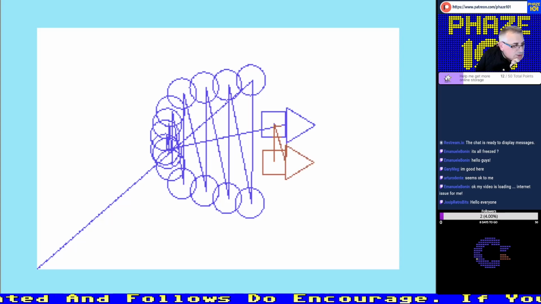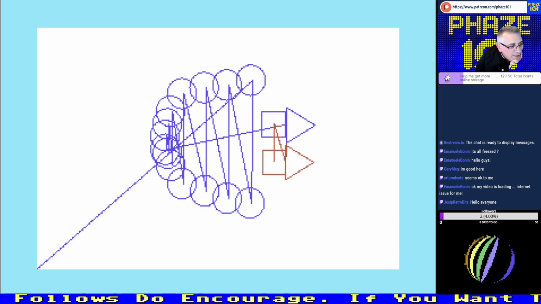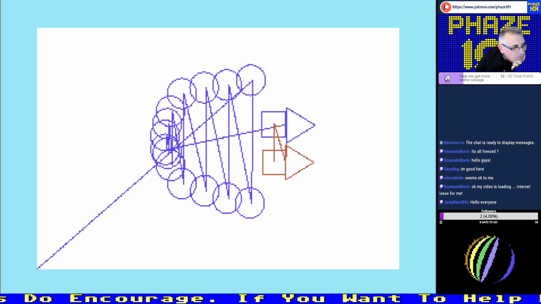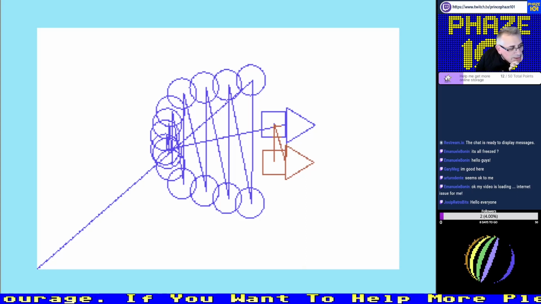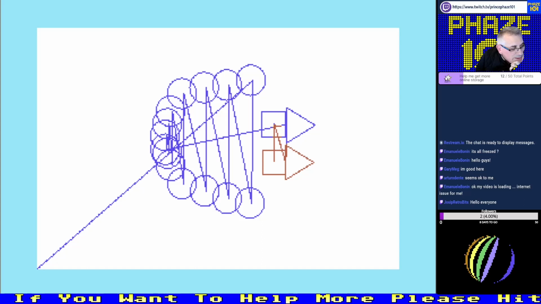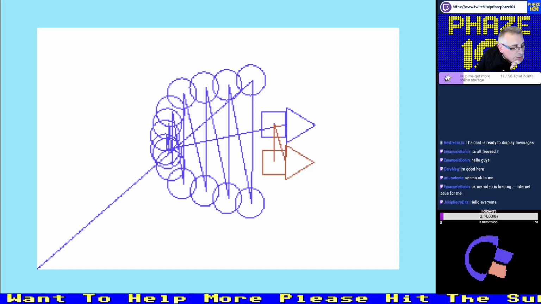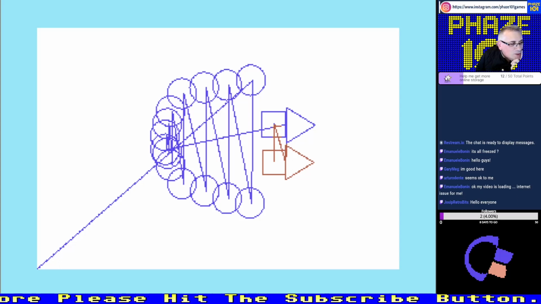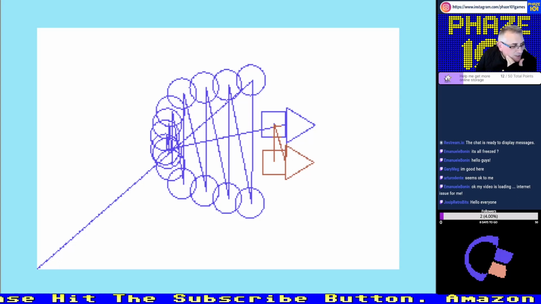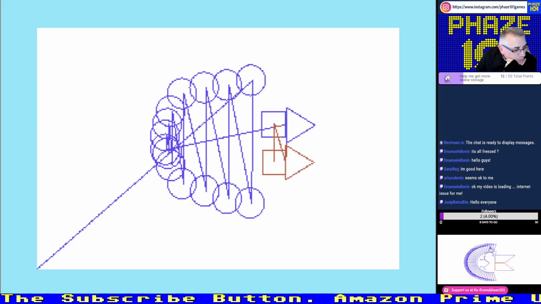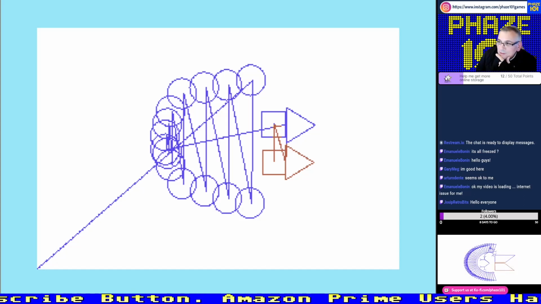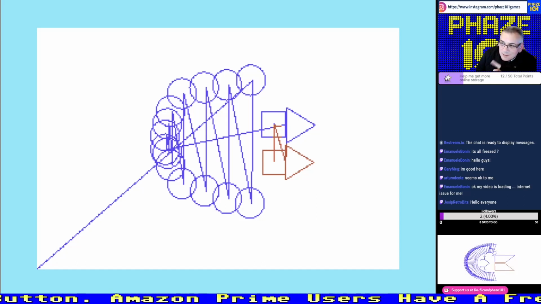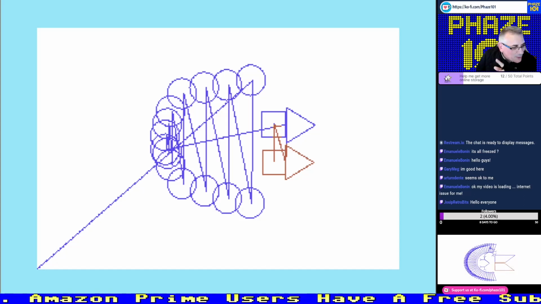So that's all there is. That's the full logo of the Commodore logo in Prolog. I do not know the person that wrote it, but he forgot to put pen up and pen down. So you can see when it moves from one place to another, there is that zigzag.